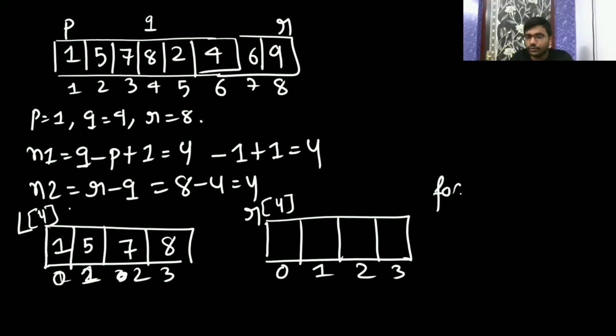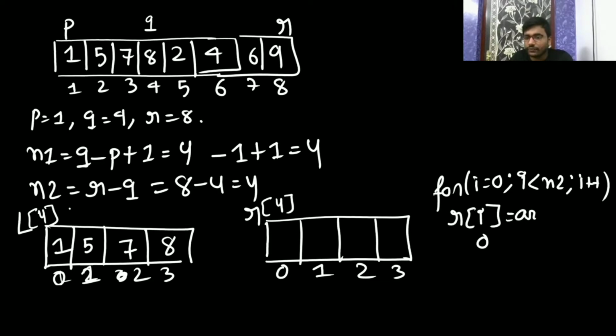So 4, again for loop will run i equal to 0 to, here i will be smaller than n2 and i plus plus. Then right of i, that is right of 0, is going to have array of q plus 1 plus i. Okay, so q is your 4, plus 1 is 5. So 5 plus 0 is 2.